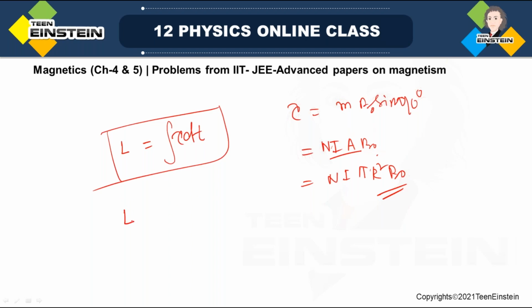Now we have to find out the angular momentum gained. The torque is N I pi R square B0, so it will come out as N I pi R square B0 times the integration of dt.